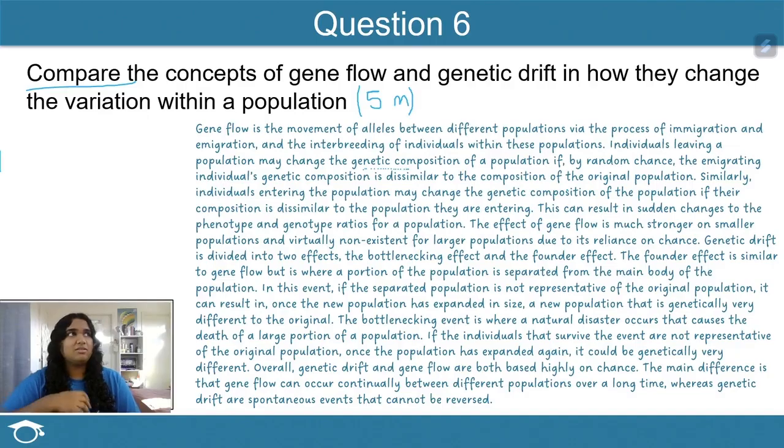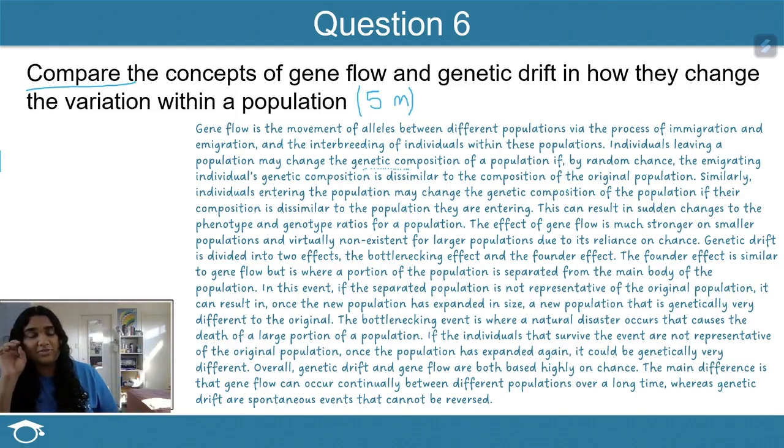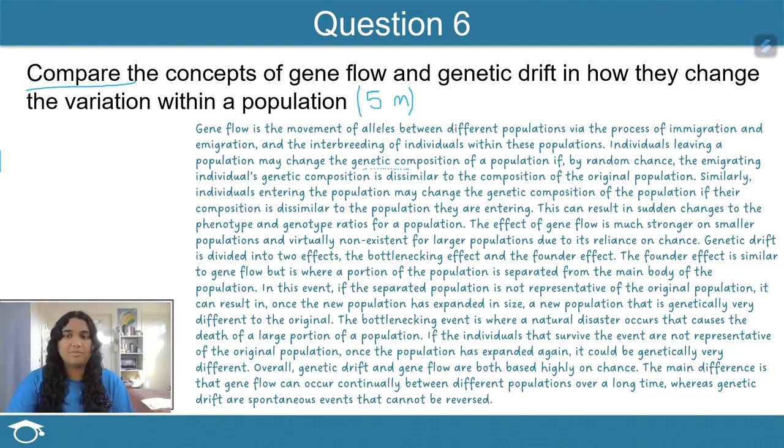And the emigrating and immigrating individuals are usually leaving or entering a population by random chance. Similarly, individuals entering a population may change the genetic composition of the population if their composition is dissimilar to the population they are entering.